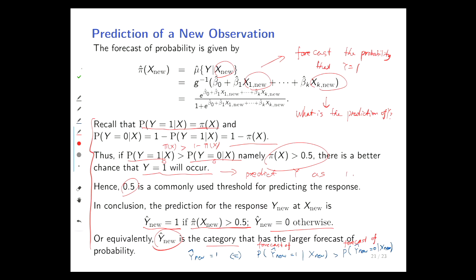This is the exact idea for us to predict a categorical response variable by using the probability.